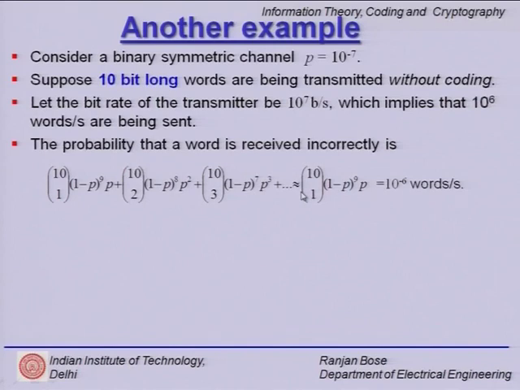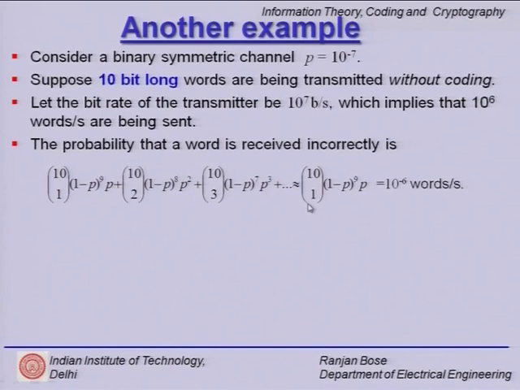But as you can see, p is already very small. So, p squared is even smaller and p cubed is even smaller, whereas 1 minus p is almost close to 1 and can be neglected. So, we see from this that only the first term is significant and all subsequent terms are orders of magnitude smaller than the previous one.